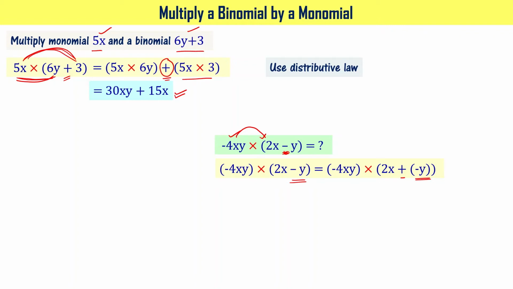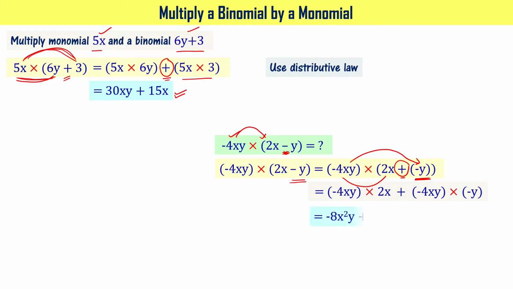Similarly, here also you can maintain that plus symbol so that this term has minus y now, right? Now let me multiply these two and then add that to the product of these two, right? Minus 4xy times 2x plus minus 4xy times minus y. That's what we have written now.